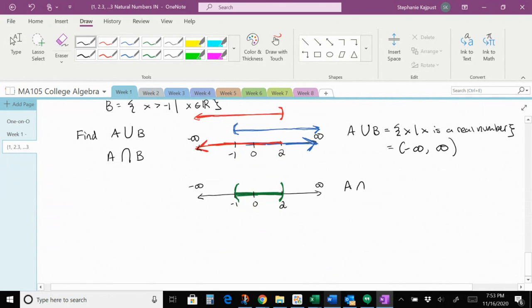So A intersection B would be, we are between -1 and 2. x is always in the middle, and because they are parentheses, these are less than symbols. So -1 is less than x, which is less than 2, and x is a real number. Or in interval notation, which I prefer because it's shorter to write, we have parentheses, -1, comma 2.